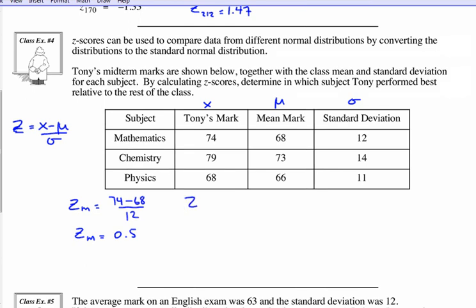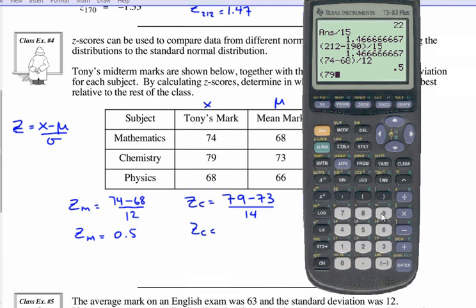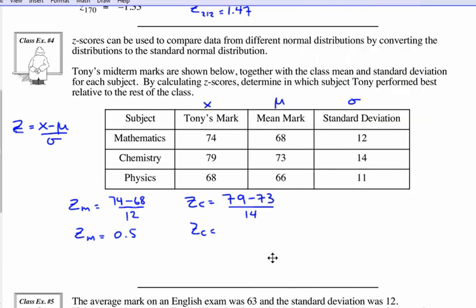In chemistry, so his score minus the mean divided by the standard deviation. So remember in your calculator, if you're going to type this in all at once, you need brackets around the numerator. Divided by 14 gives you 0.43. 0.43 standard deviations above the mean.